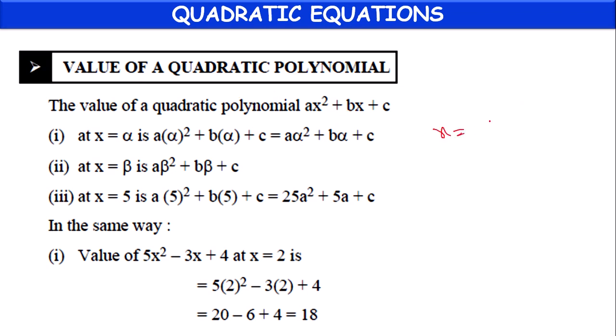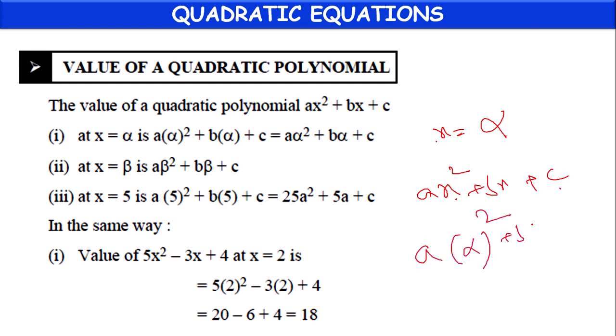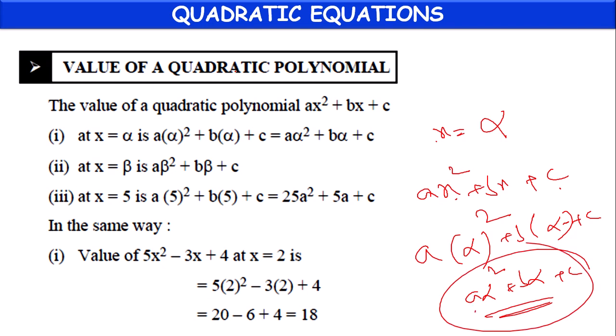So when x equals alpha, what is the value of ax square plus bx plus c? Just keep alpha in the place of x: a alpha square plus b alpha plus c is the value of the quadratic polynomial.